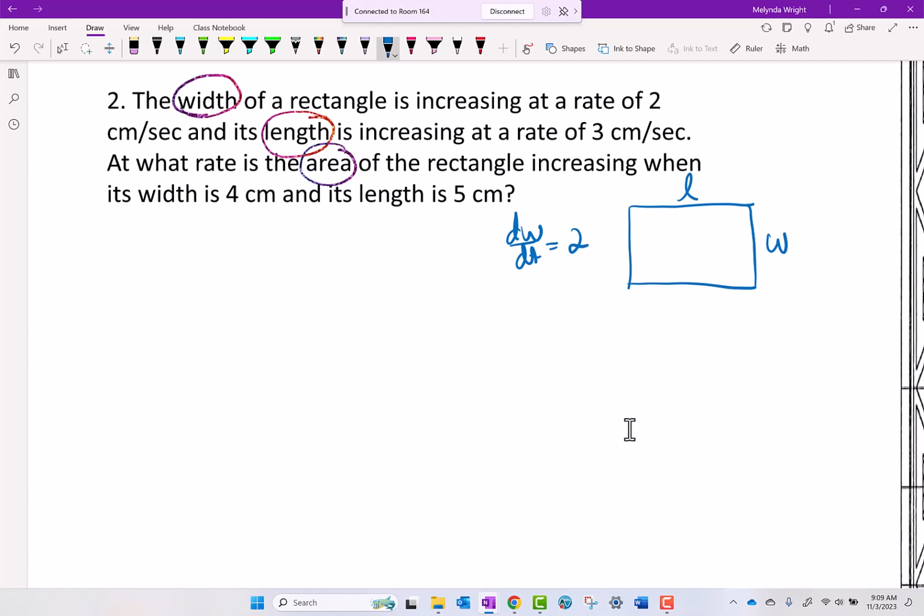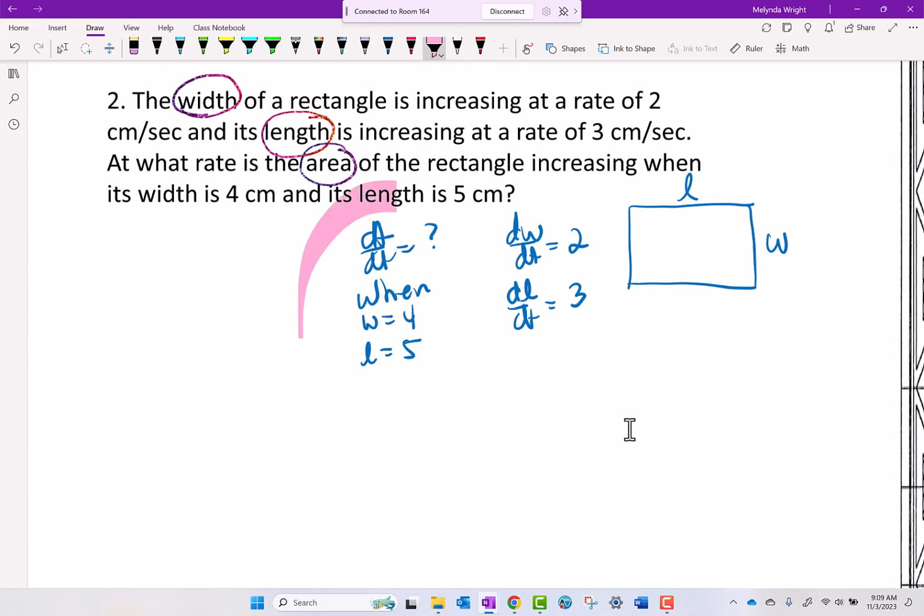Length is increasing, so dl dt equals 3, and those are centimeters per second. At what rate is the area? So here's our question: dA dt equals question mark when width equals 4 and length equals 5.